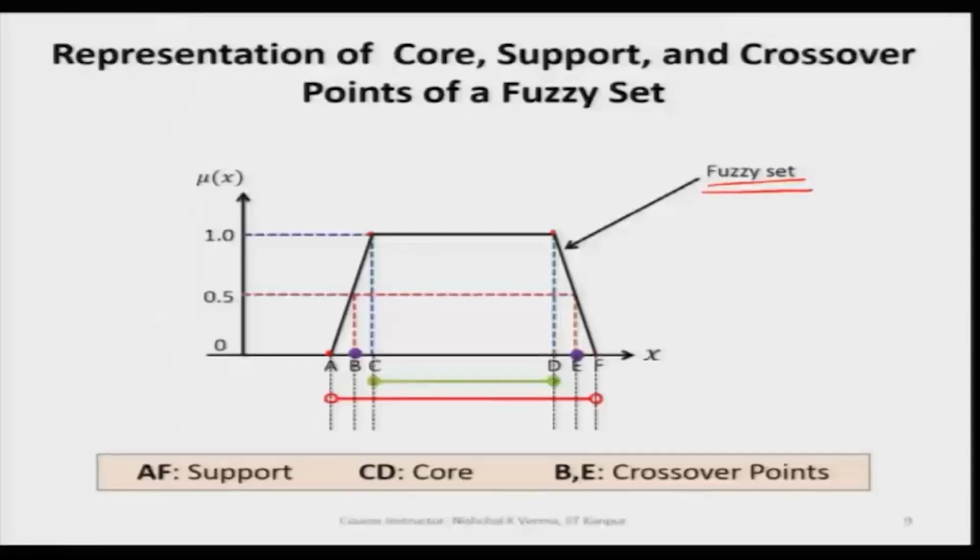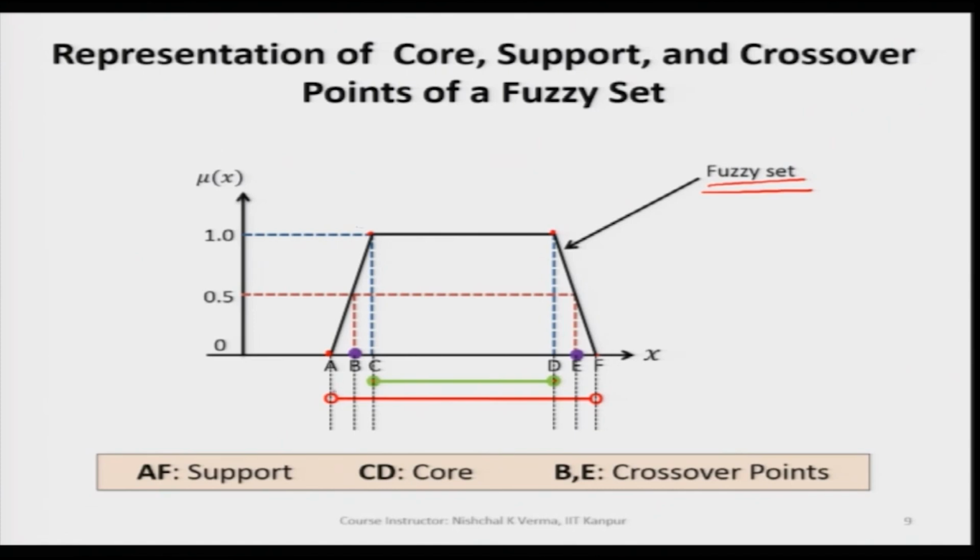So, this will start right from 0 plus, which means this will start from A. If A is the point, let us say x_A, then x_A will have its corresponding membership value 0, but x_A plus epsilon will have its corresponding membership value more than 0.